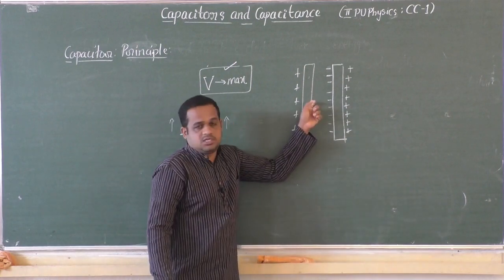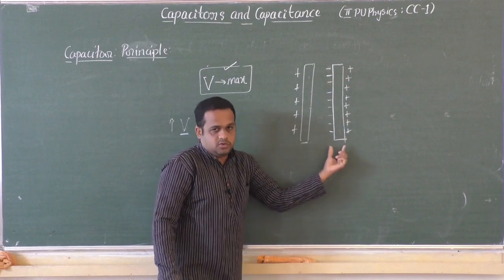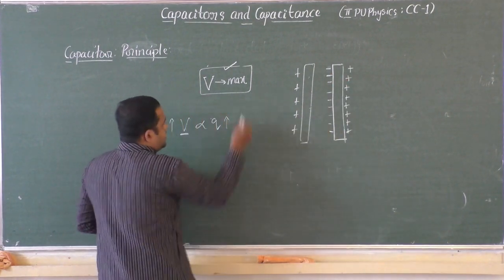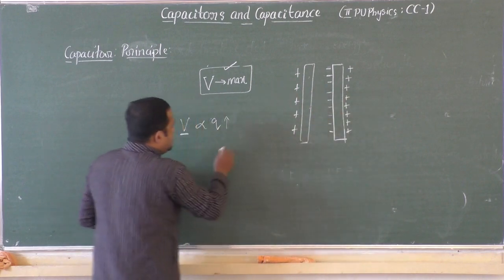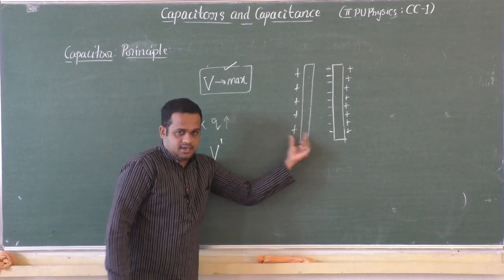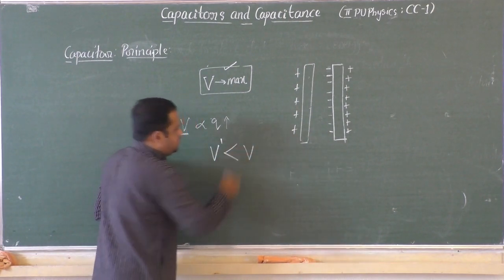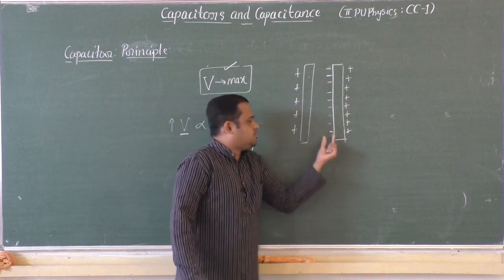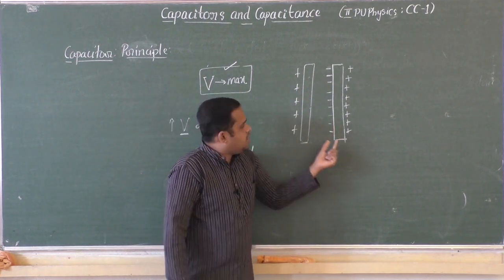Now what is the net potential on this conductor? Positive due to this one, negative due to this one. If I represent the new potential, that is in the presence of this conductor, as V dash on the conductor here, then surely V dash will be less than V, because this conductor produces negative potential, isn't it?